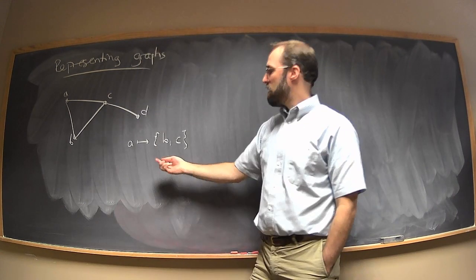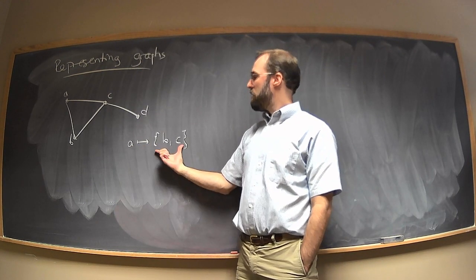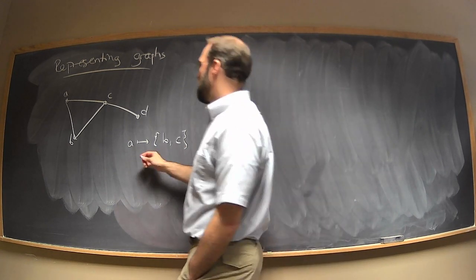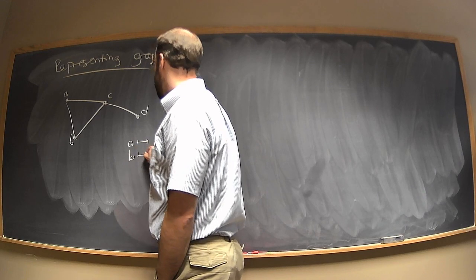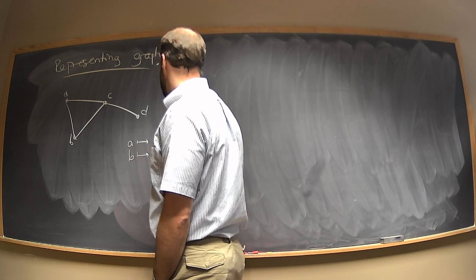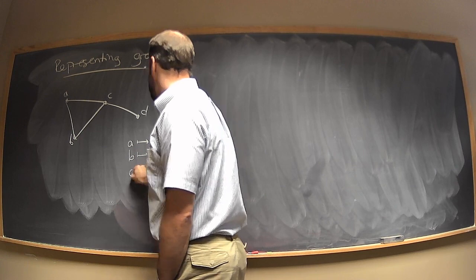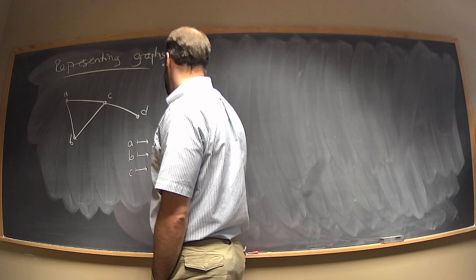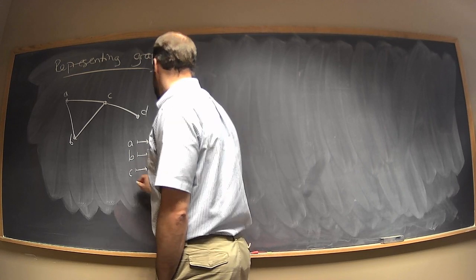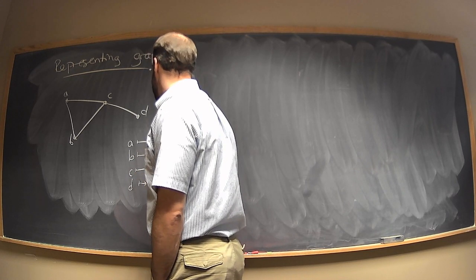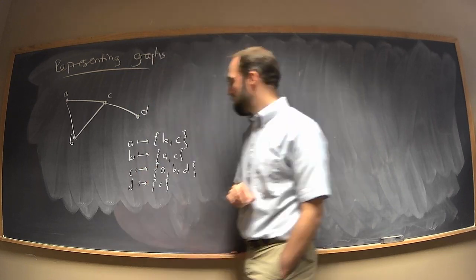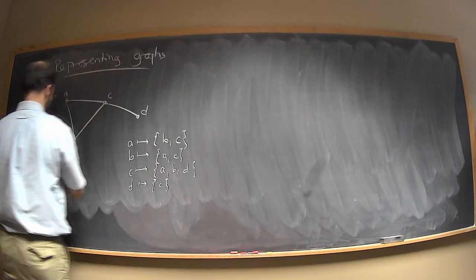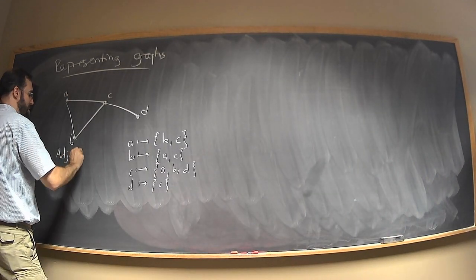So I wrote this as A maps to the set containing the vertices B and C. B maps to A and C. C maps to A, B, and D. And then D would map to just C by itself. So this is called adjacency list representation.